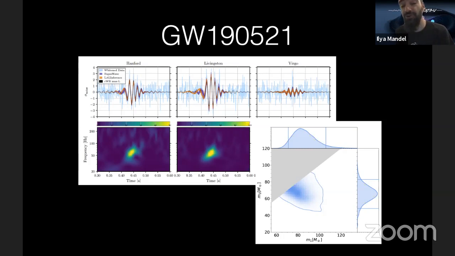So these really are extremely rapidly spinning objects. For comparison, the fastest spinning neutron star that we know of, the pulsar in the double pulsar J0737, only has a dimensionless spin parameter of about 0.04.